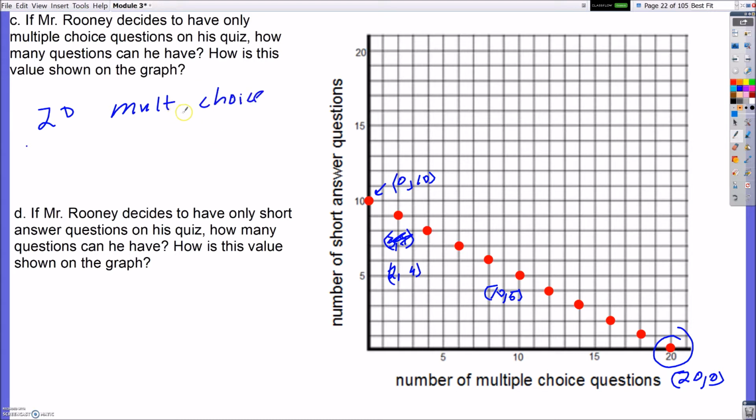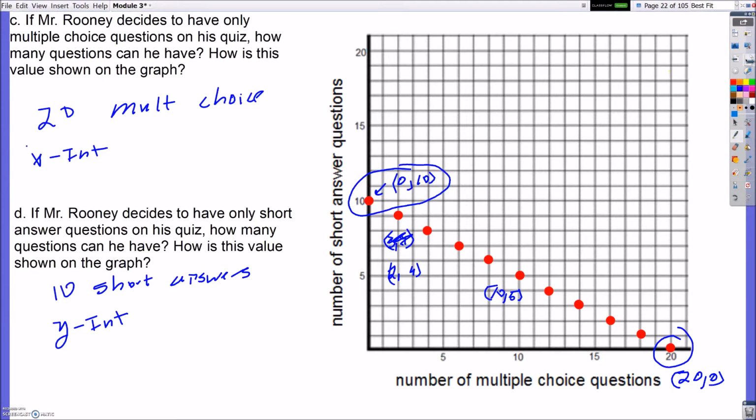If Mr. Rooney decided to have only short answers, that would be this point right here, 0 multiple choice and only short answers, he could have 10. So I missed this on part C. How is this shown on the graph? It is your x-intercept. And here it is 10 short answers. And how is that shown on our graph? That is our y-intercept.